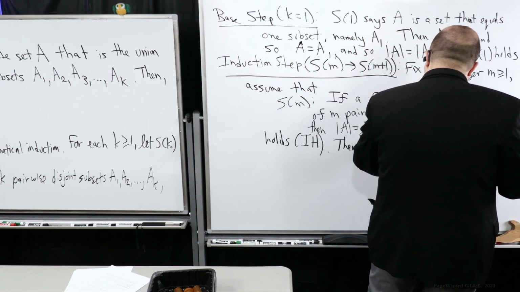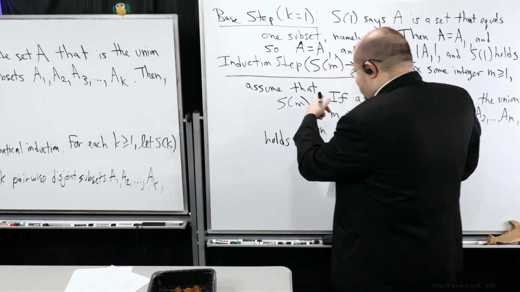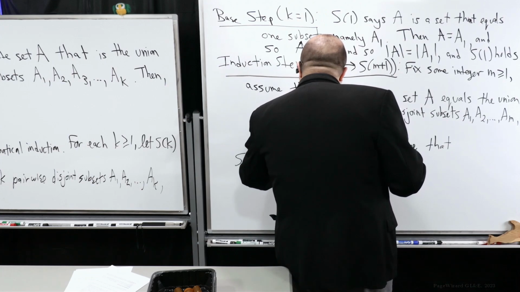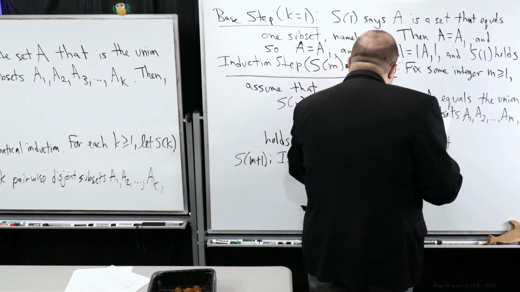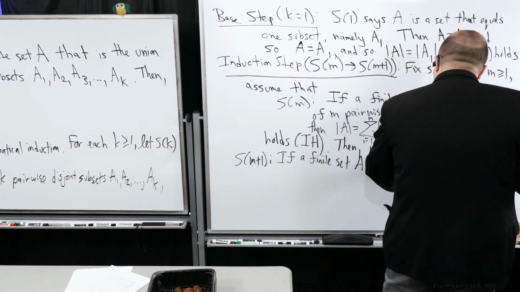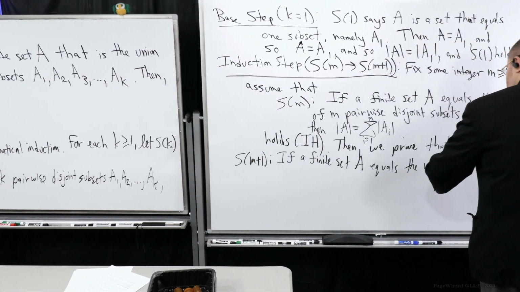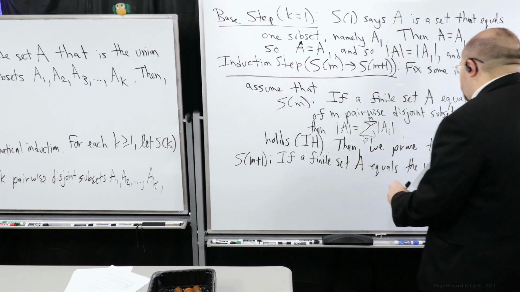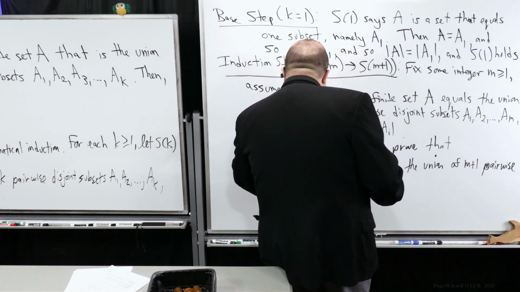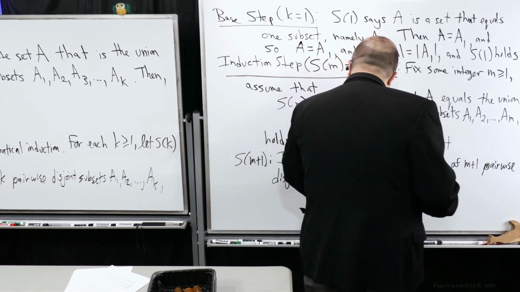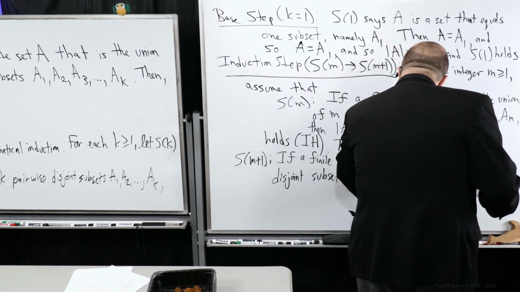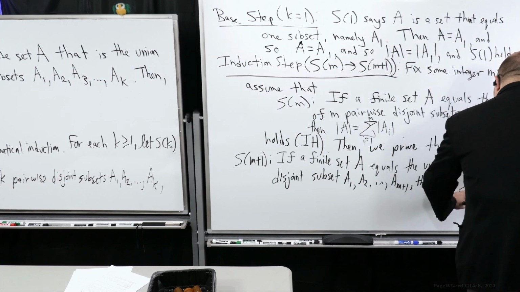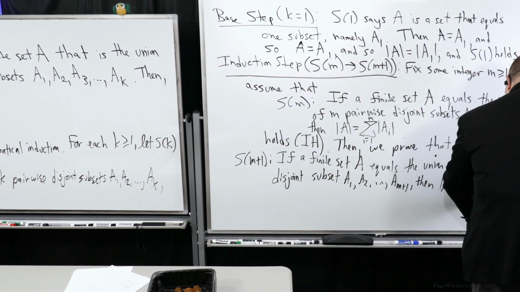Then we prove that S of m plus 1, which is simply this where I replace everywhere I put m with m plus 1: if a finite set A equals the union of m plus 1 pairwise disjoint subsets A1, A2, all the way up to Am plus 1, then the cardinality of A is equal to the sum from i equals 1 to m plus 1 of the cardinality of Ai for each Ai.